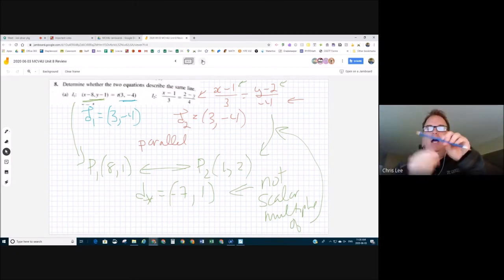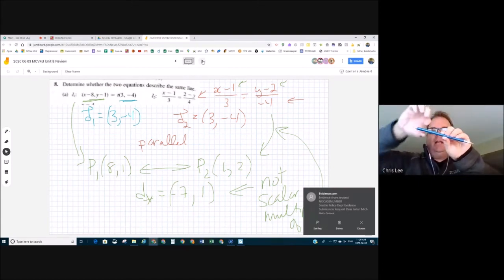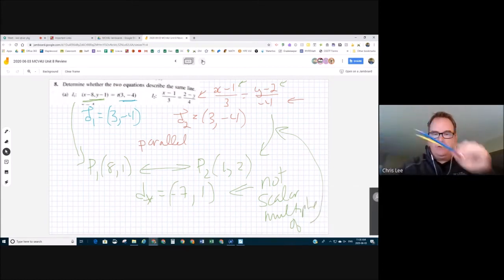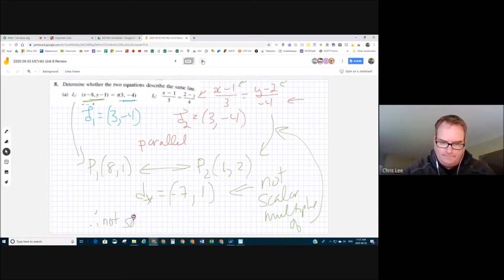Had they been the same line, any two points you take on these lines would give a scalar multiple of the original direction vectors. So these are not the same line. They are parallel, but not the same line, and the word we use for that is distinct.